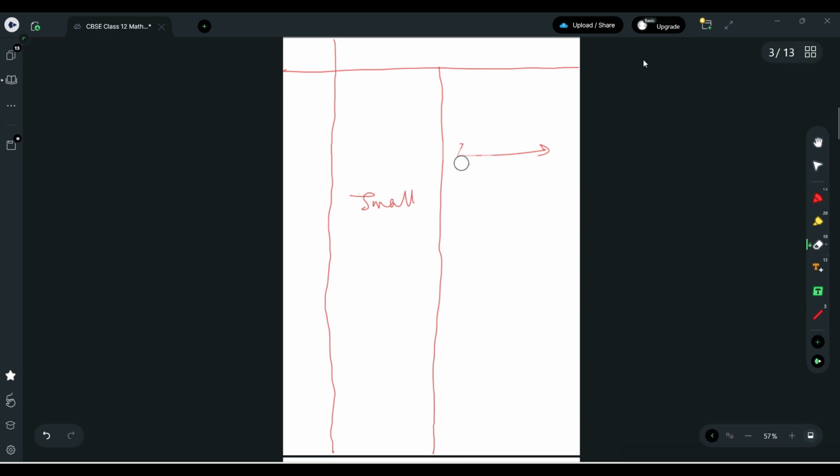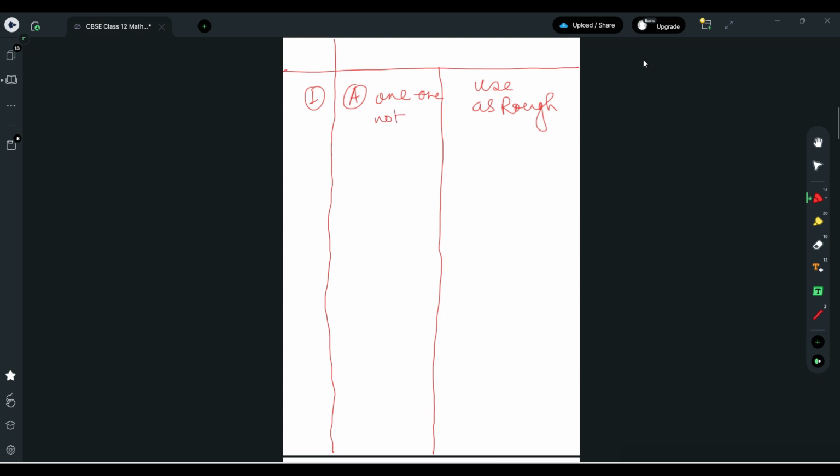We will use this as rough work, and here you can write the question number and their options, and write the option that is one-one not onto, like this, and for question 2, whichever option it is, write the option like this. You will get the full marks.